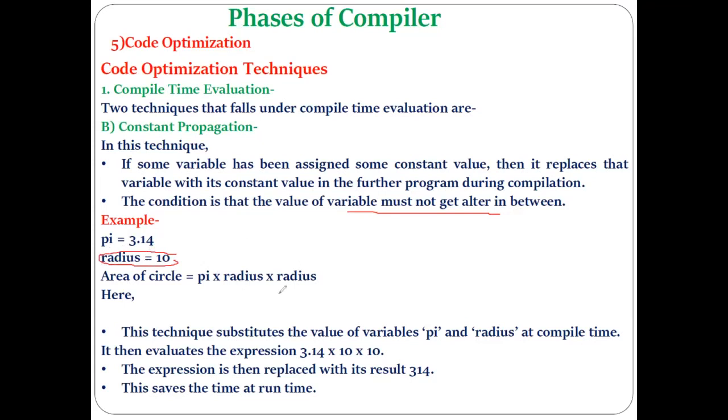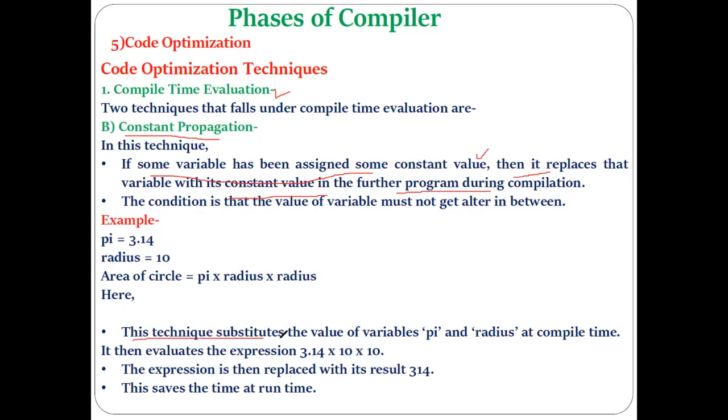That time only you can replace the variable with the radius value, and the constant propagation will be considered successful. So if this is satisfied, then constant propagation as a part of compile time evaluation can be performed. Constant propagation is nothing but this: if some variable has been assigned a constant value, then replacing that variable with its constant value in the further program during compilation is called constant propagation.